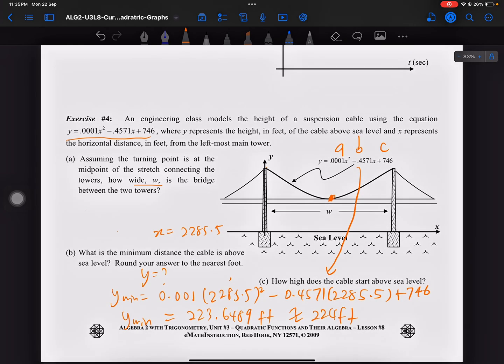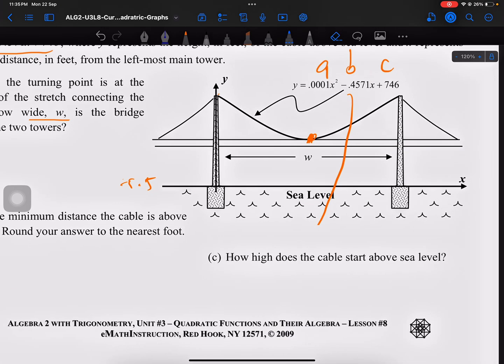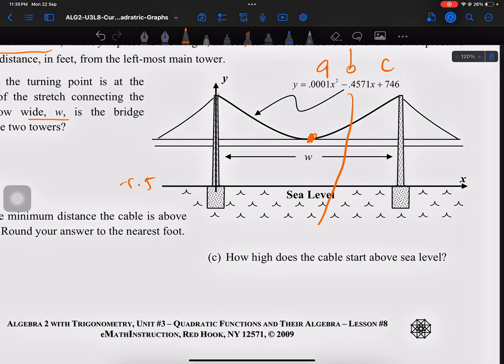And then for C, how high does the cable start above sea level? So let the left tower start at x equals 0.